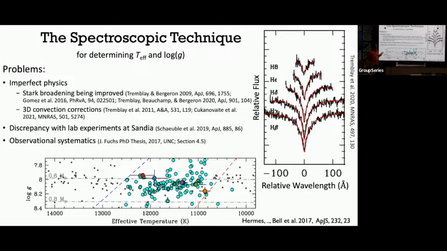And they find discrepancies between the physical conditions that they understand to be of their gas cells compared to the line shapes that are produced by our best models under those conditions.